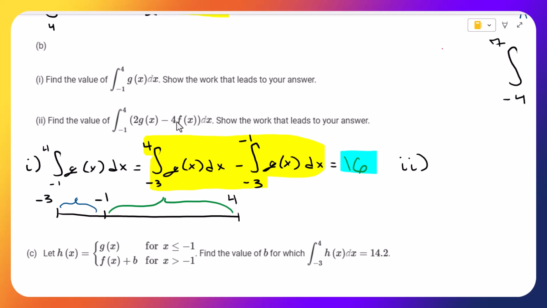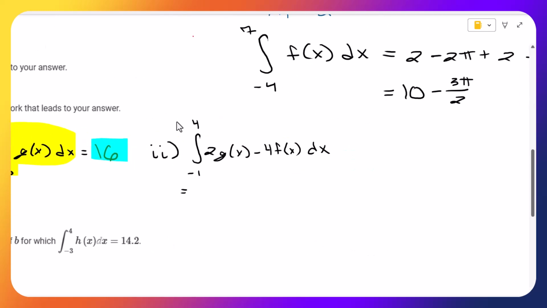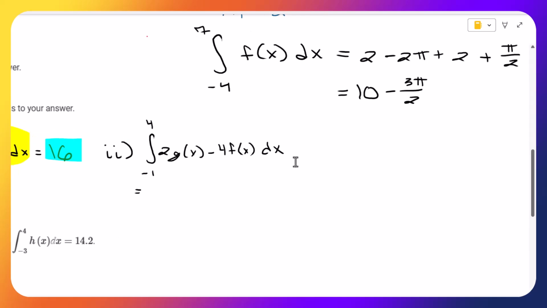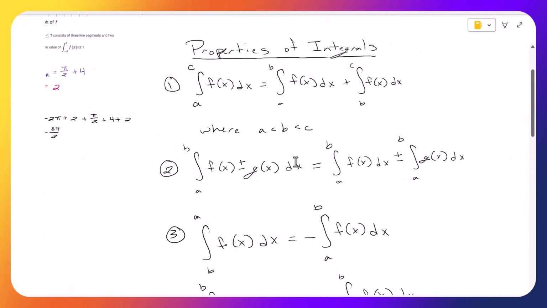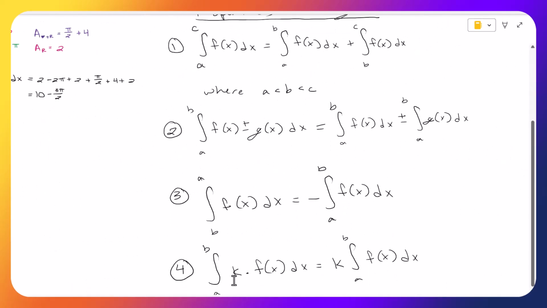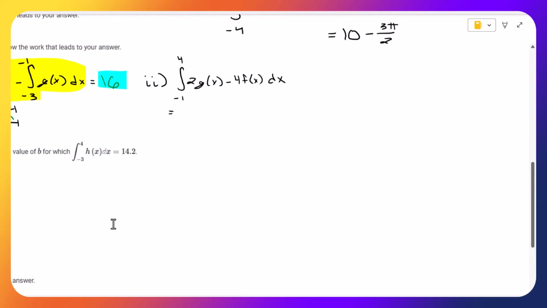And I'm going to split this integral up in several ways, but I'm going to skip steps a little bit. So I'm going to split these two functions up, 2g of x minus 4 f of x, and I'm also going to pull out my constant. So I'm using properties 2 and 4 here to split it up into two integrals and to pull out my constant at the front.